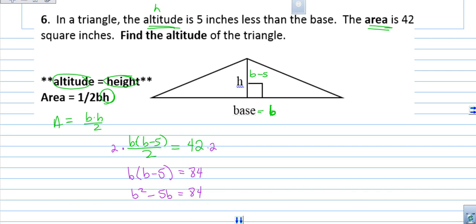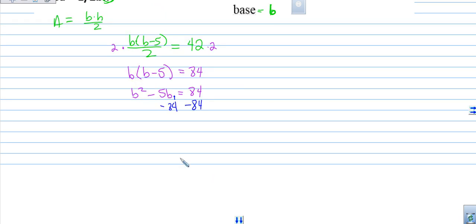And then we're going to notice that we have a square, and so we need everything on one side to get this equal to 0. So we're going to subtract 84 from both sides. I can't subtract it from b squared because I don't have a b squared. I can't subtract it from b because I don't have a b. So I just kind of put it off to the side. We're going to wedge it in right there. Okay?